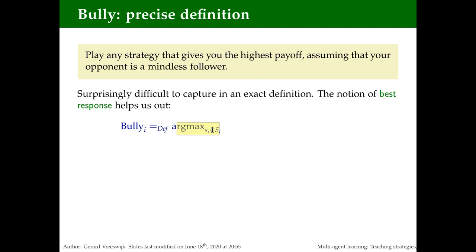But now you have to think, what is the term you are maximizing on? Of course you want a strategy that maximizes utility.